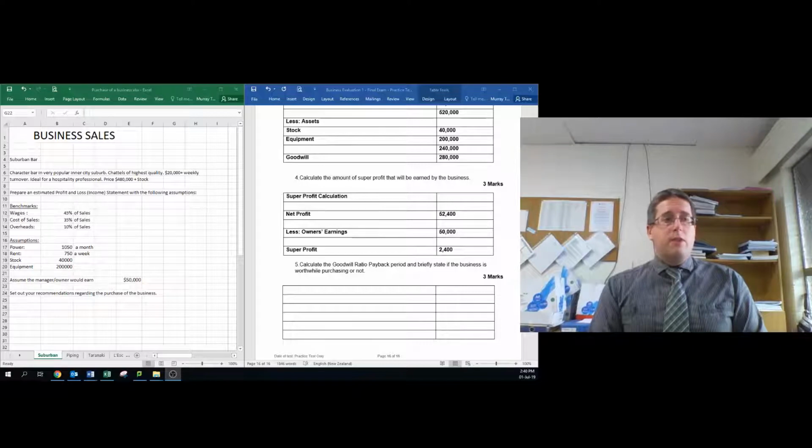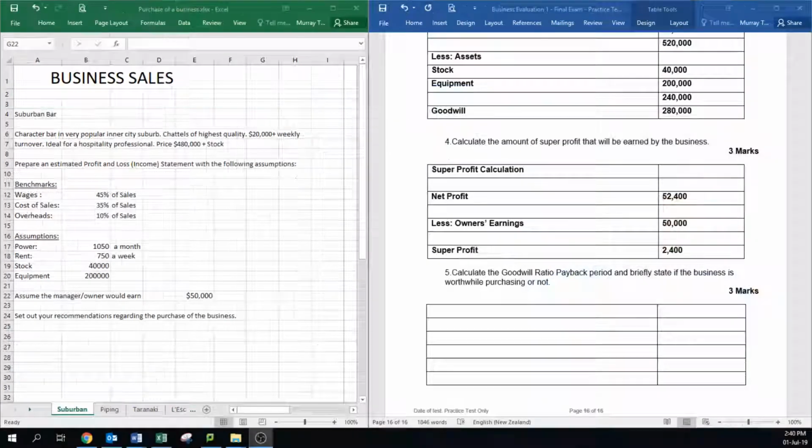Okay, the last step is to do the payback period. Now in the exam you will be given two numbers as well, so use these two numbers as for goodwill and super profit. Now the formula isn't given, but it is goodwill divided by super profit. That is the formula.